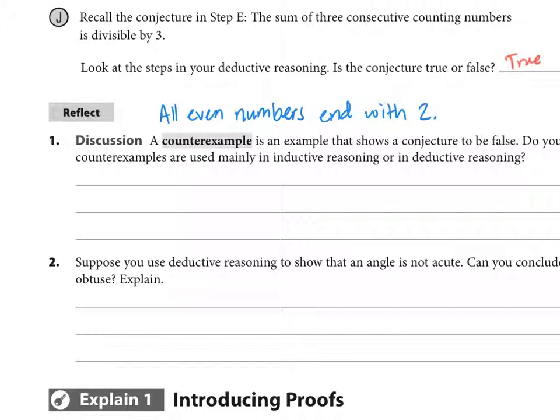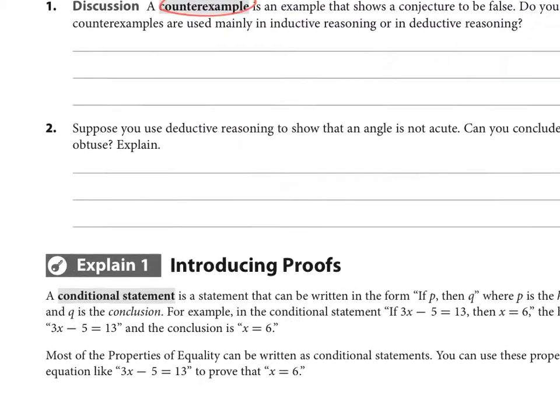This is definitely a false statement. And in order to say that this is a false statement, we just need to get a counterexample. A counterexample to this would be something like the number 4. So you might be asked to come up with some counterexamples to some statements.